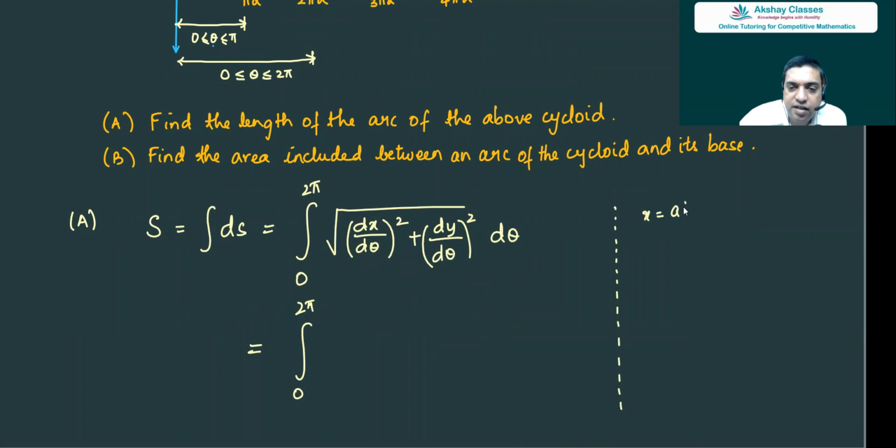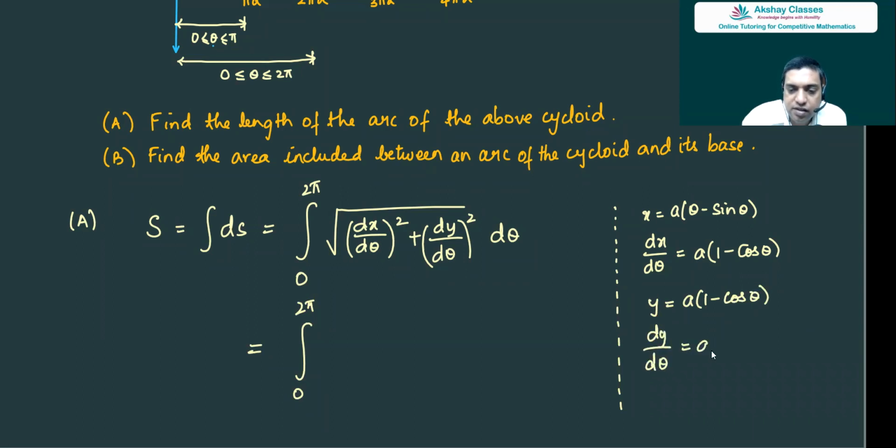So x is a times (theta minus sine theta), so dx upon d theta is a times (1 minus cos theta). Now y is a times (1 minus cos theta), so dy upon d theta is a times the derivative of 1, which is 0, and the derivative of cos theta is minus sine theta, with the minus sign, so I get plus sine theta.